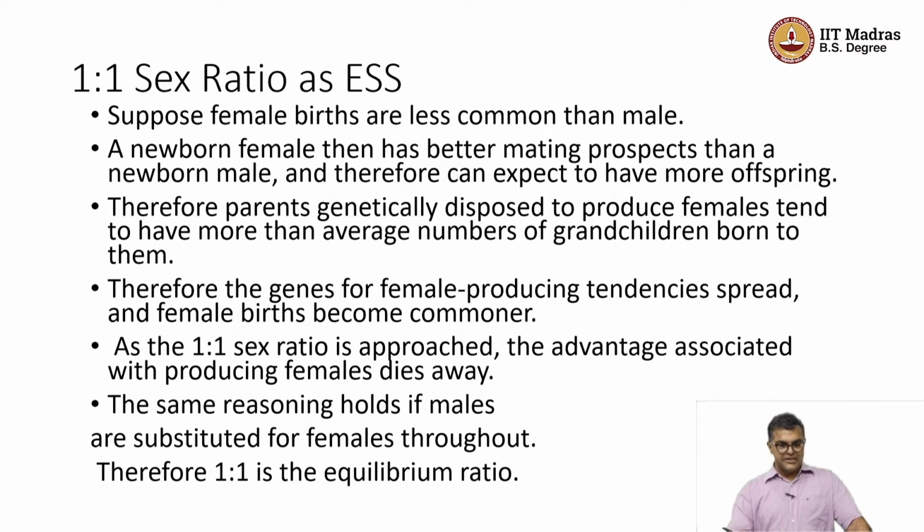Therefore, the genes for female producing tendency spread and female birth becomes more common. As the 1:1 sex ratio is approached, the advantage associated with producing female dies away. The same reasons hold if males are substituted for female throughout, and therefore we get 1:1 as equilibrium ratio.